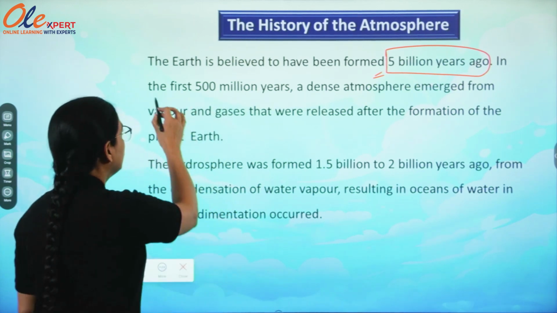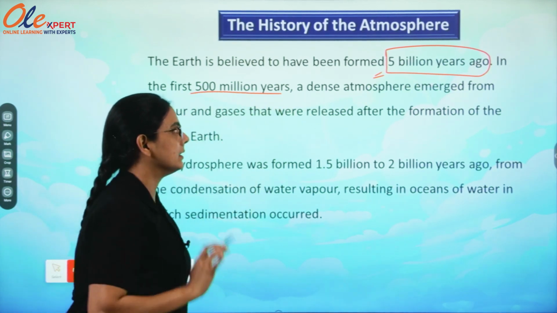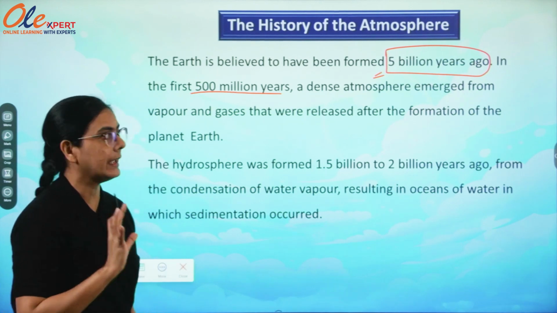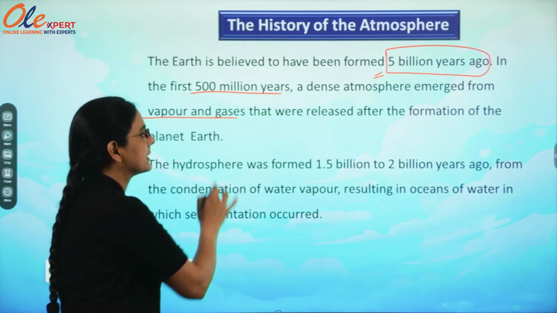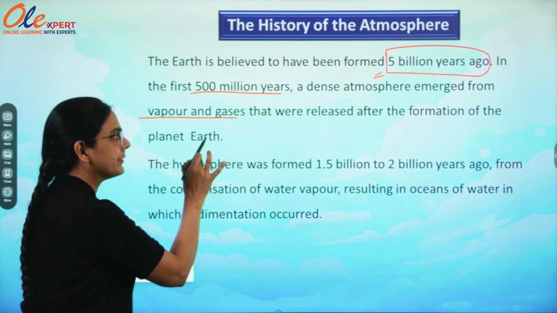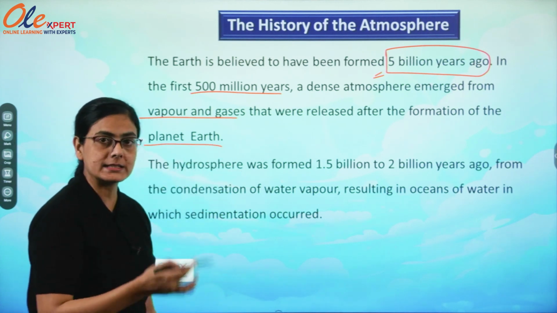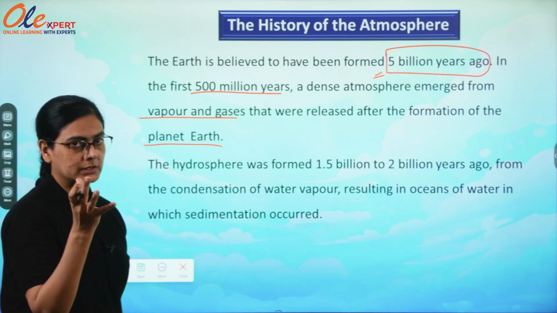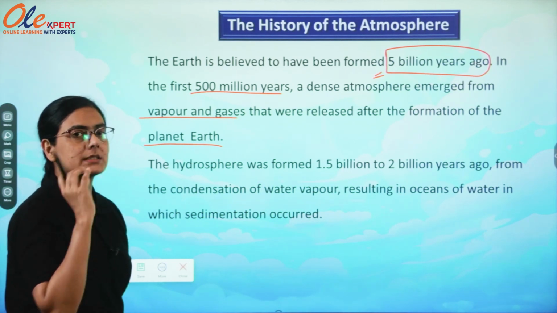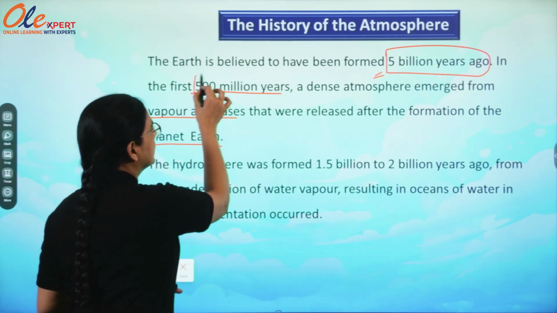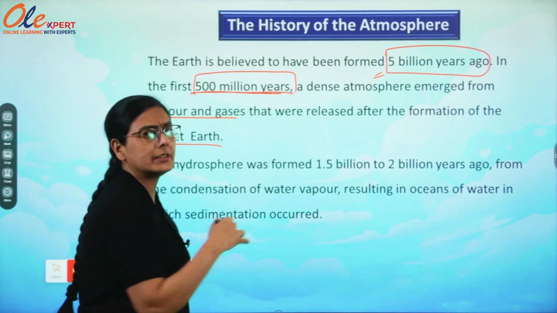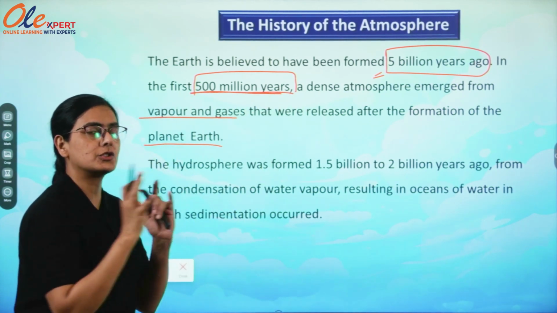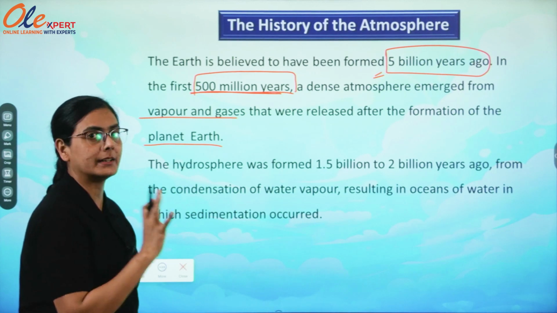In the first 500 million years, a dense atmosphere emerged from the vapor and gases that were released after the formation of the planet Earth, as all the planets were formed in the solar family, meaning the solar system. So this is 500 million years after the formation of Earth started.